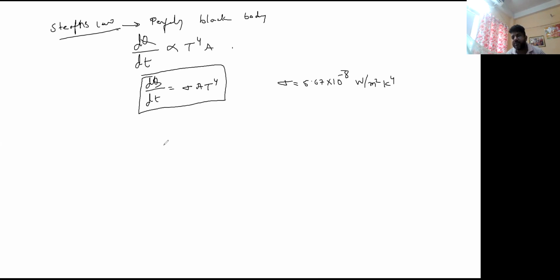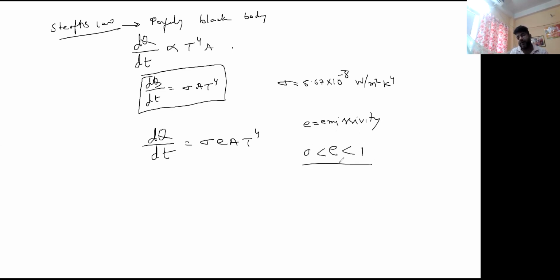But a perfectly black body is not possible. So as a perfectly black body is not possible, हम लोग यहाँ पे एक और टर्म लेता है, dQ by dt equals sigma e A T to the power 4. इस e को बोला जाता है एमिसिविटी. The value of e is neither 0 nor 1, it is in between 0 and 1. ठीक है.